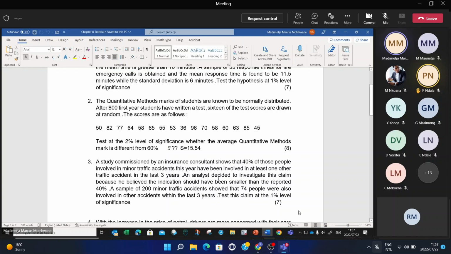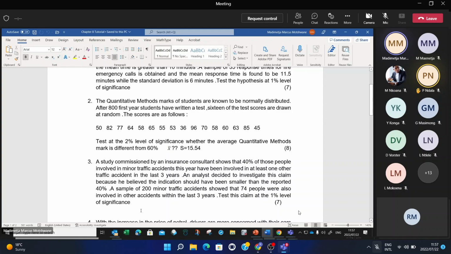An analyst decided to investigate this claim because he believed the indication should have been smaller than the reported 40%. A sample of 200 minor traffic accidents showed that 74 people were also involved in other accidents within the last 3 years. Test this claim at the 1% level of significance.